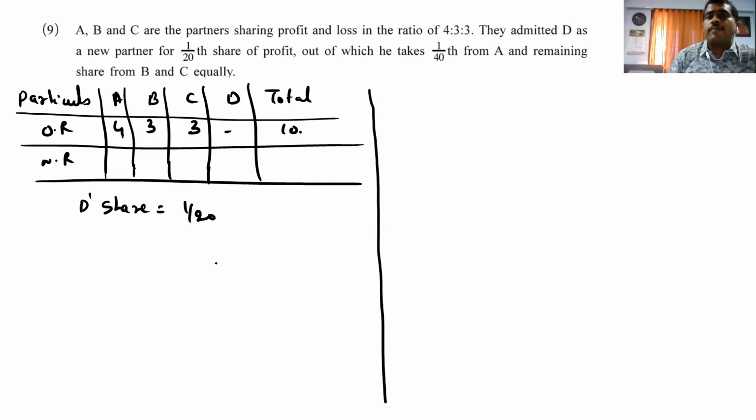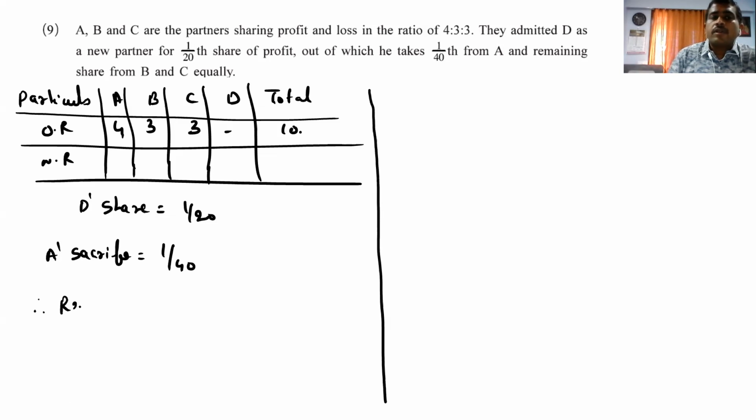1 by 20, of which he takes 1/40th from A. So I can say A sacrifices 1 by 40. And the remaining share from B and C equally.